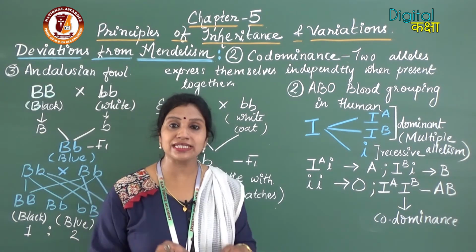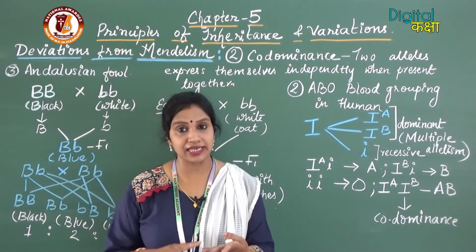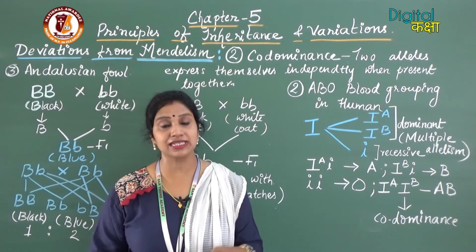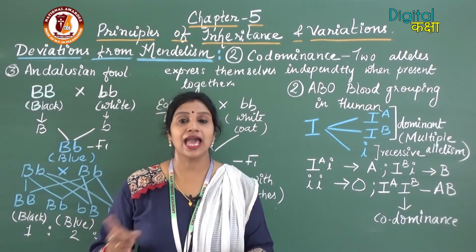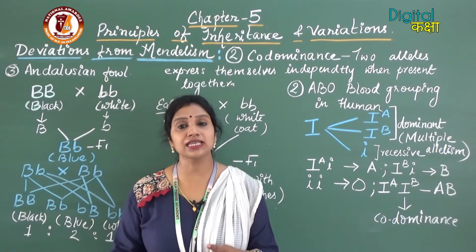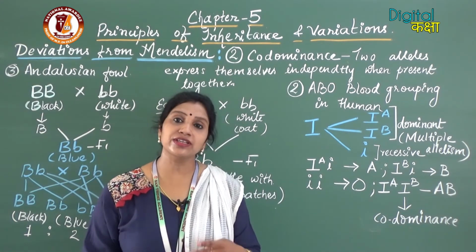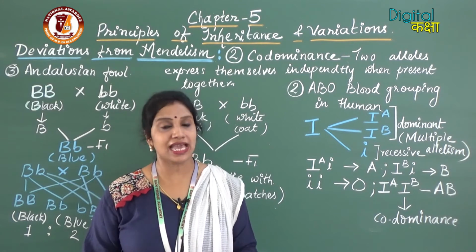So when the two alleles come together, if IA or IB is present, then IA and IB will express themselves and suppress the small i. So they are the dominant alleles.